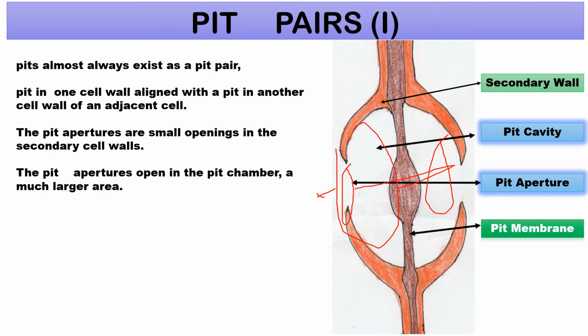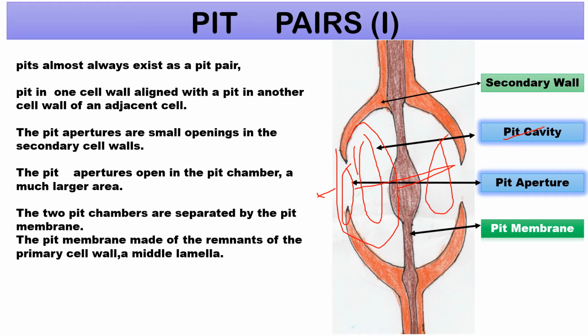Pit aperture opens to a much larger area which is called pit cavity or pit chamber. The two pit chambers are separated by a membrane called the pit membrane. This pit membrane is made up of the primary cell wall of two cells and the middle lamella.